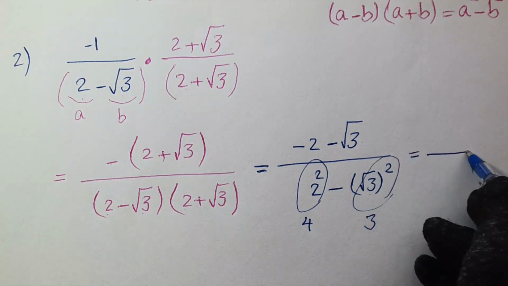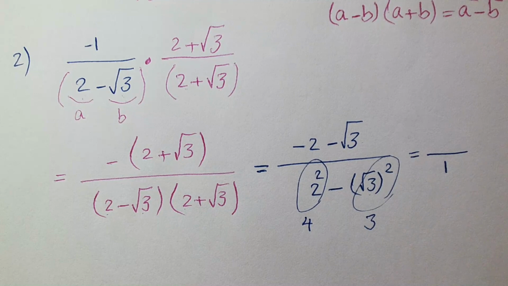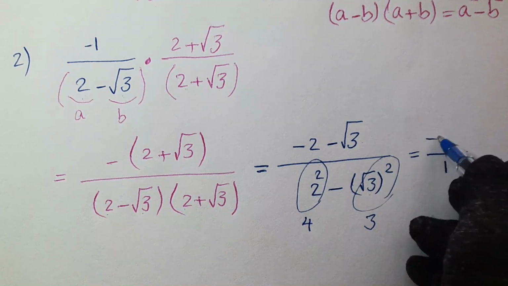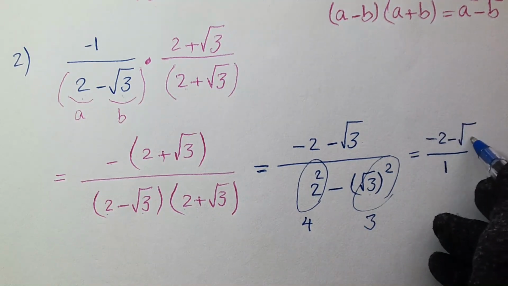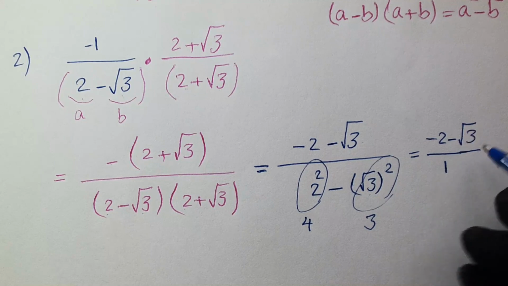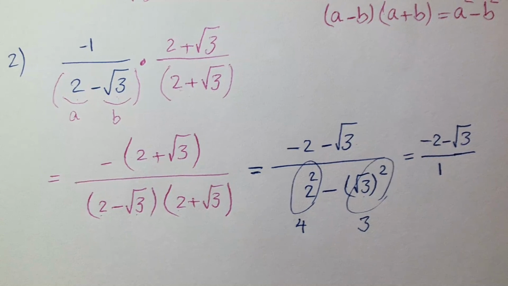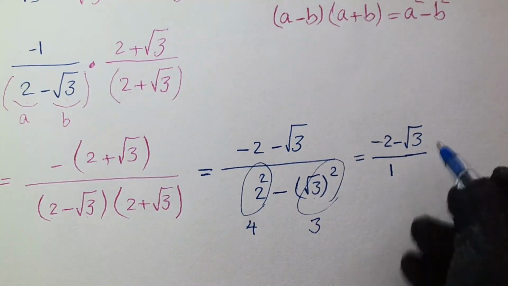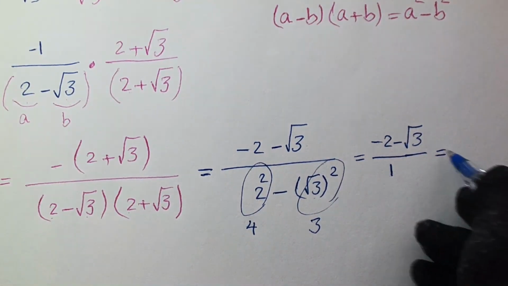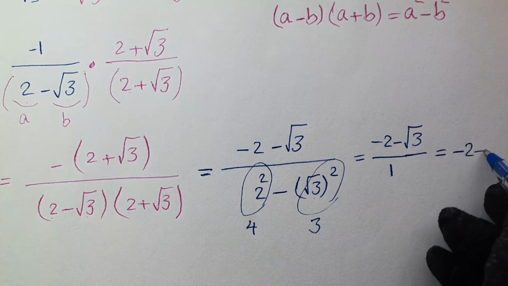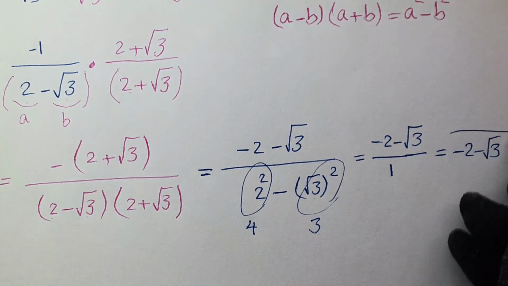So in the denominator 4 minus 3 is 1, and on the top I have negative 2 minus square root of 3. You see there is no more radical in the denominator, meaning we rationalized the denominator, and we can write the final answer in this form.